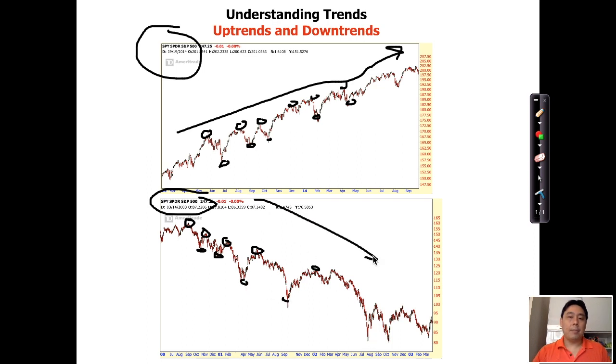Okay, and the general rule is this: when the price of an asset is on an uptrend, the statistical probability based on collective psychology is that prices will tend to move higher over time. So on an uptrend, you only want to buy, you only want to go long. Okay?